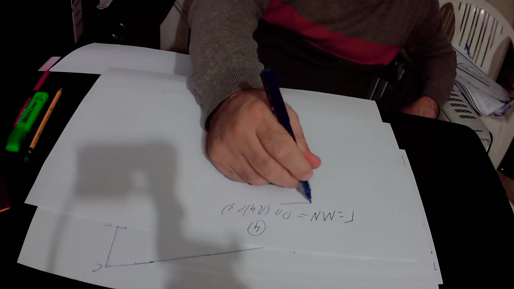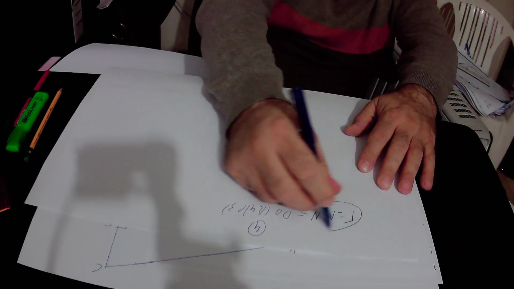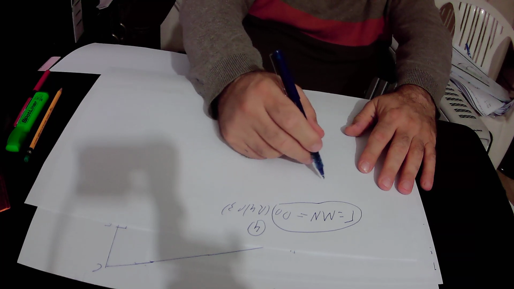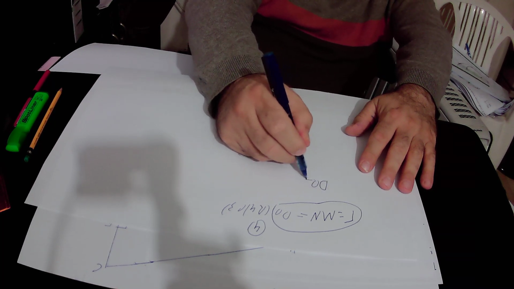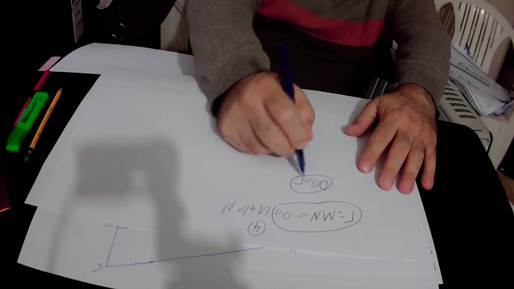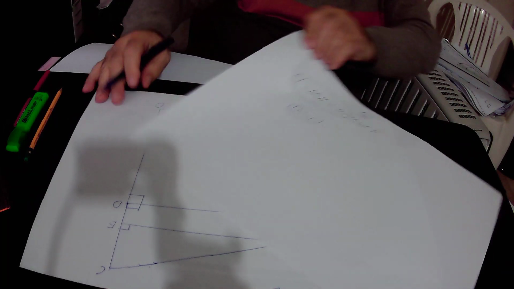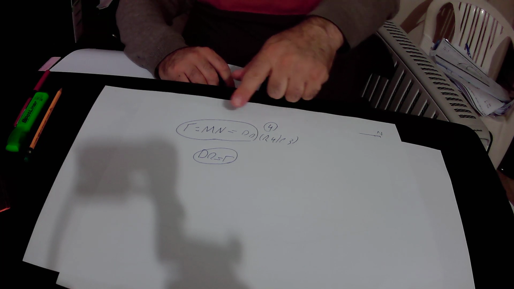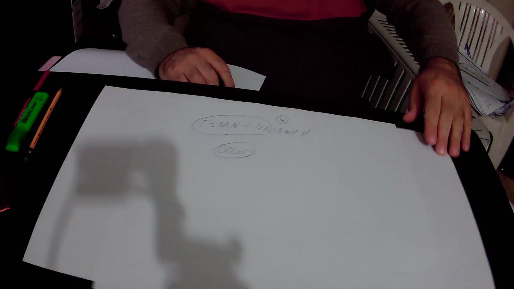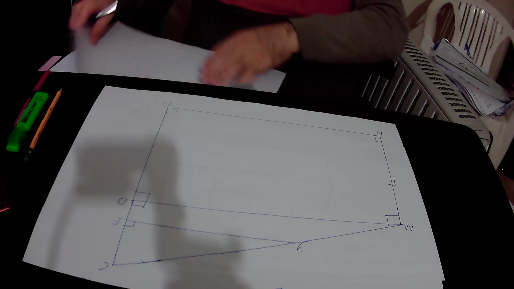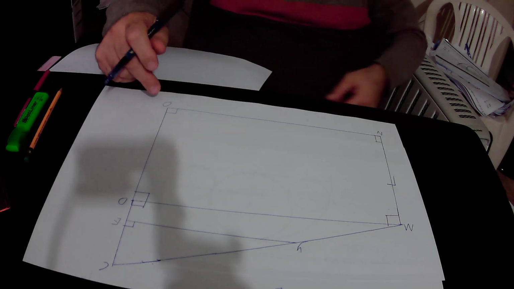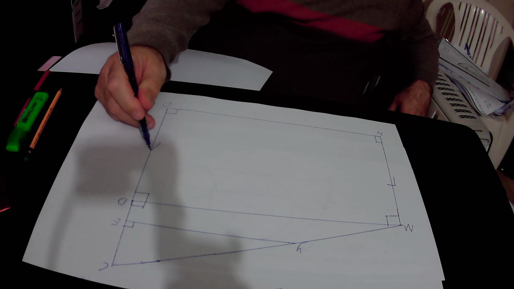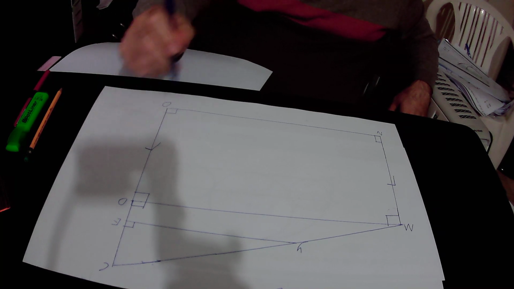So from this equality, we will conclude that DO also equals R. I'll repeat again: from this equality, we will conclude that DO also equals R. It is the radius of the small circle.